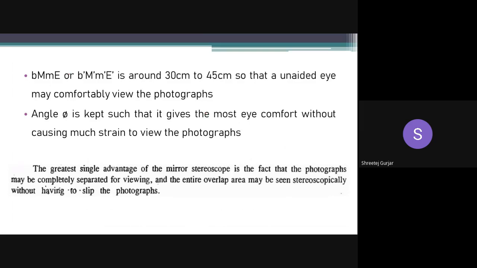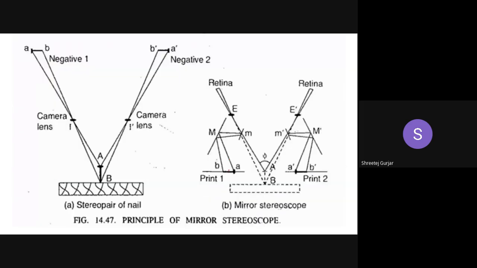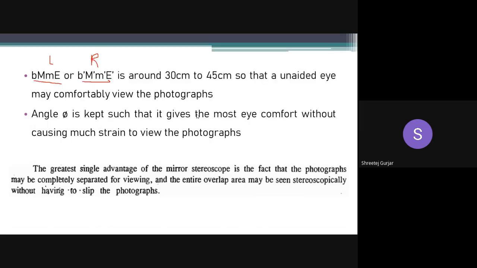The line of sight is the line of sight for the left eye and for the right eye. You can see here in the image, this is small b, then it will go like this to capital M, get reflected over here to small m, and come over here to capital E. That is B, capital M, small m, capital E, written over here.